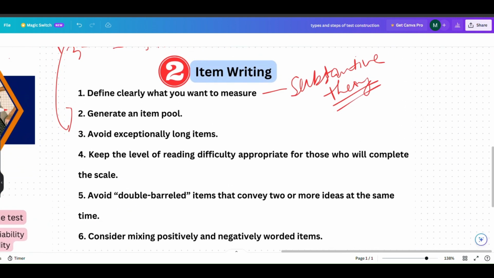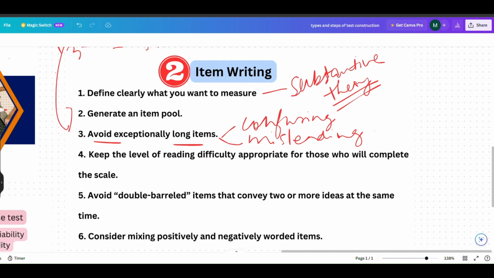We should avoid exceptionally long items, if the items are going for like 20 words, 30 words. That is something which would become confusing and misleading. People might not understand what we are trying to say by those items. So we should avoid long items. We should keep the level of reading difficulty appropriate to those who would complete the scale.